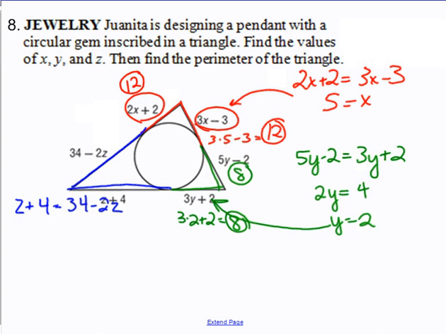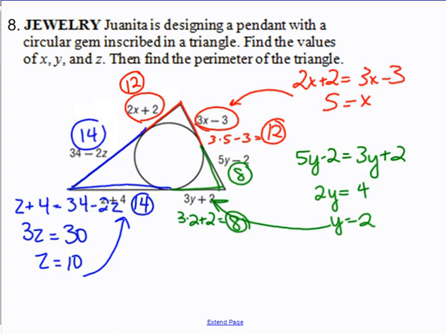So we're going to add 2Z. So I have 3Z equals 30. So Z equals 10. I'm going to plug it back in. This says Z plus 4, so I'm going to make it 14 on this side and 14 over here.